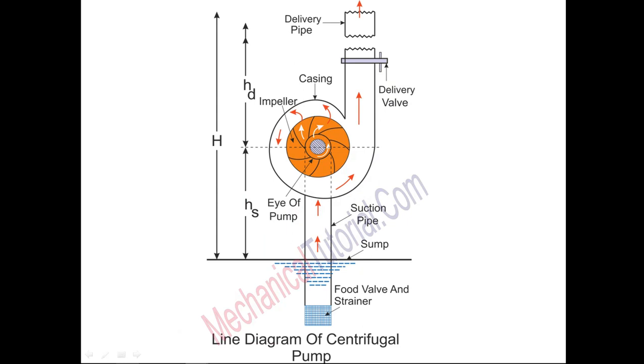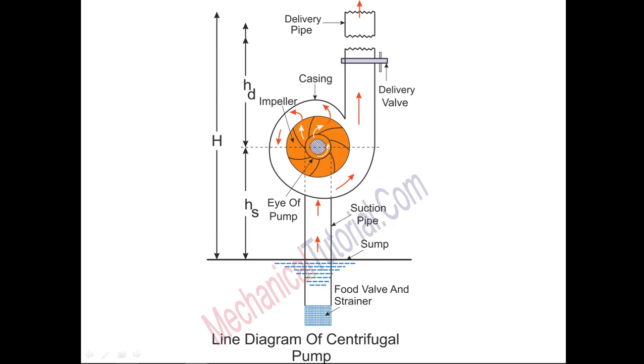After the impeller attains its normal speed, the delivery valve is opened and liquid is allowed to flow through the impeller vanes and it attains higher velocity at the outer periphery.